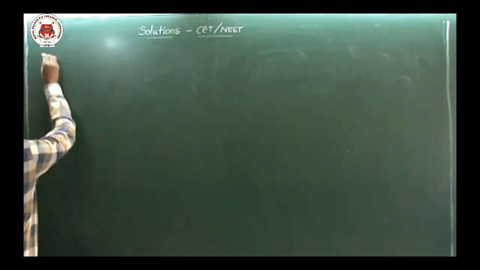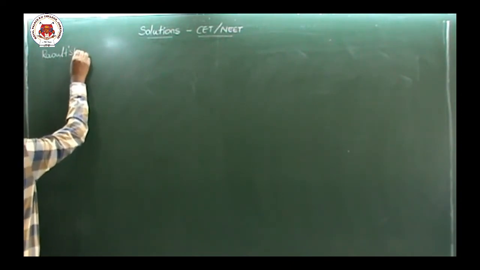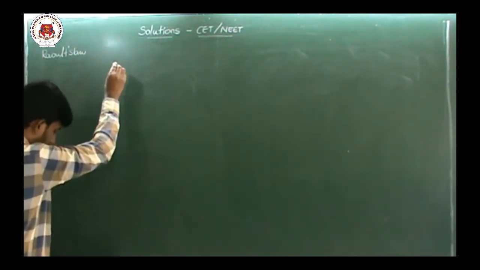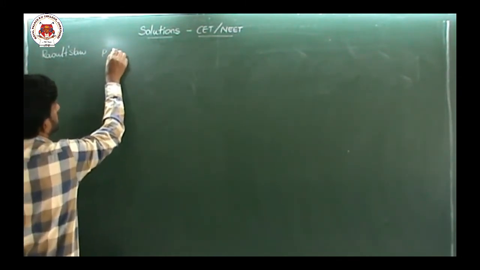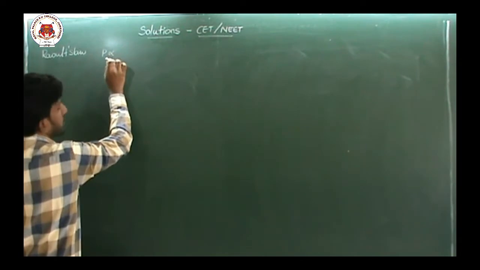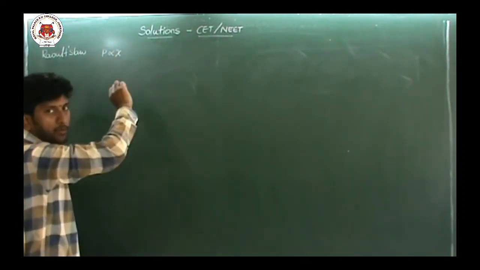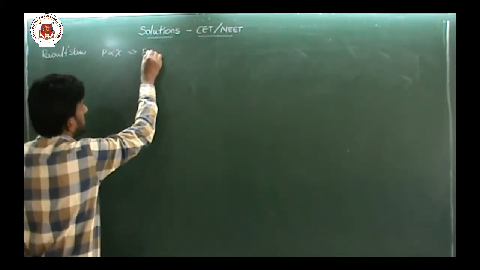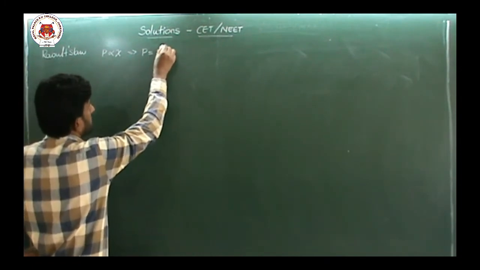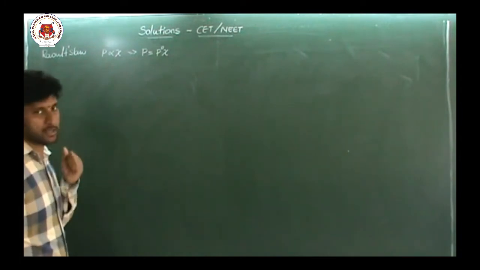Raoult's law says that the partial pressure of the components is directly proportional to the mole fraction of the component. That we are writing as P, partial pressure, is equal to pure vapor pressure into mole fraction. This you know, we have seen according to Raoult's law.